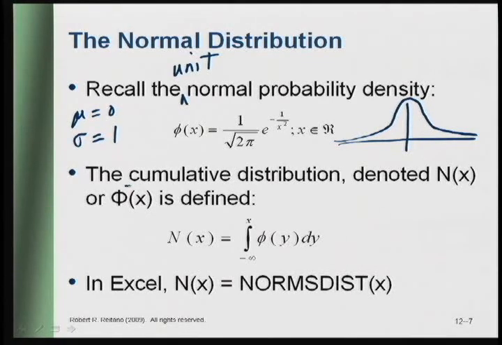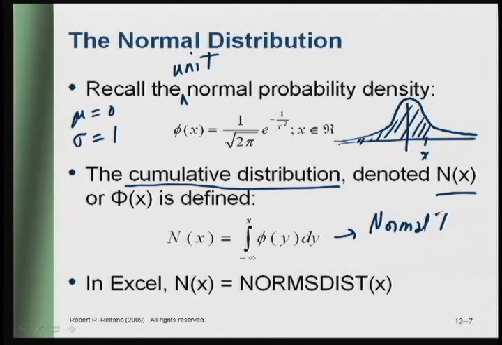The cumulative distribution function is the total probability up to x. So if I pick any x, capital N of x is the total distribution up to x. This is really what's in most normal tables. Typically, a normal table will give you the integral from 0 to x, and you're expected to know that you need to add 1/2 to that to get N of x.